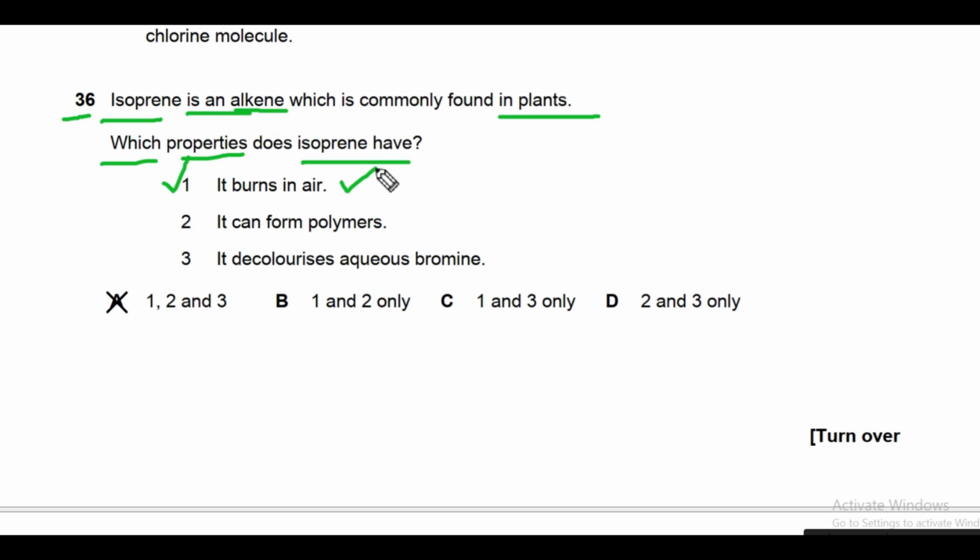It is correct because alkenes burn in air to produce carbon dioxide and water. It can form polymers because alkenes form addition polymers. This is also correct. And it decolorizes aqueous bromine. Yes, alkenes decolorize bromine water. So A is the right answer: all 3 answers are correct.